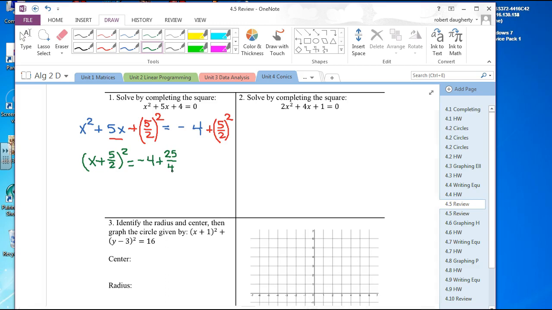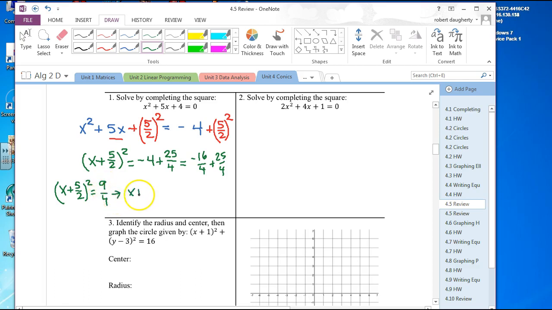So with a common denominator, this right side is negative 16 over 4 plus 25 over 4. And so this becomes x plus 5 halves squared equals, 25 minus 16 is 9, so this is 9/4.